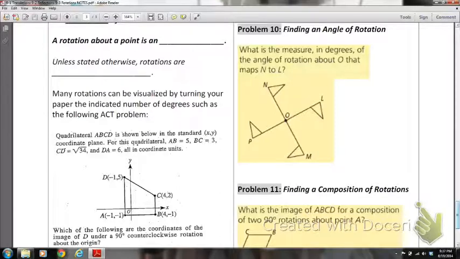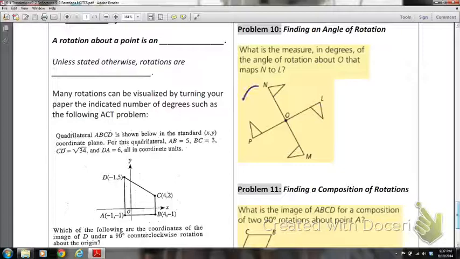In problem 10, it's having you find an angle of rotation. The question is, what is the measure in degrees of the angle of rotation about point O that maps point N to point L? You might be tempted to say, oh, you just have to turn it 90 degrees, and I would have N at L. But be careful, because all rotations have to go what direction?